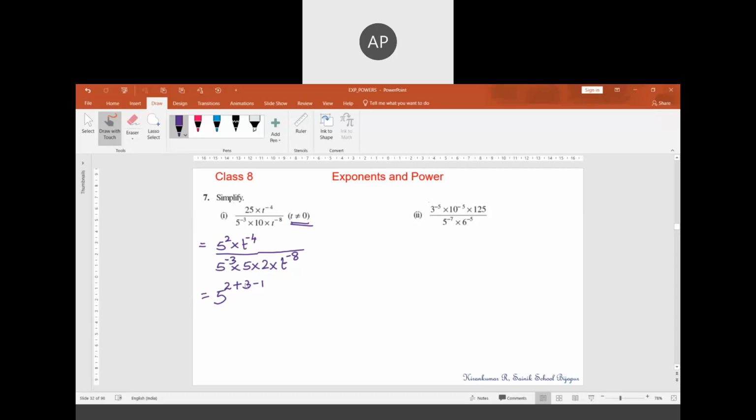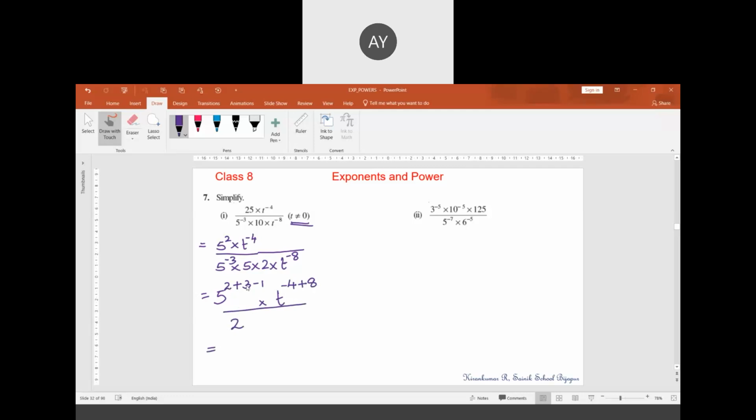Minus of minus 3 becomes plus 3. And this 5 to the power 1 is taken as minus 1. The power is taken as minus 1, into t to the power of minus 4. What should I write now? Plus 8, sir. Very good. Denominator is? 2 left out? 2. Very good.